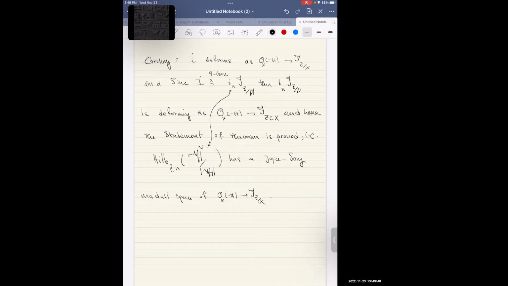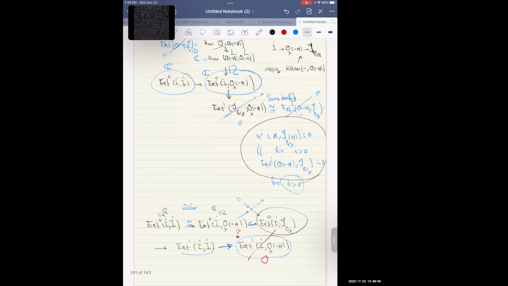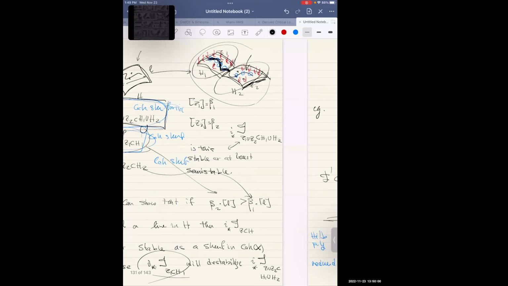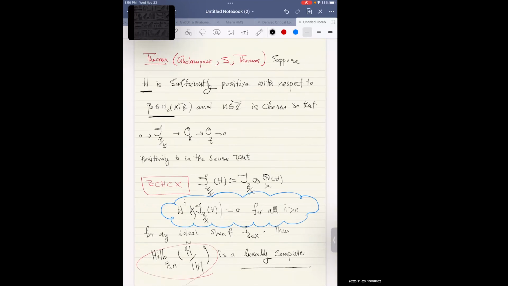Now that we have proved that the relative Hilbert scheme works, let's look at the statement of the theorem again. The statement of the theorem is always important. If H is sufficiently positive, which is that vanishing condition, Hi of X, I, Z in X, H vanishing for all i bigger than 0, then the Hilbert scheme is a locally complete moduli space.